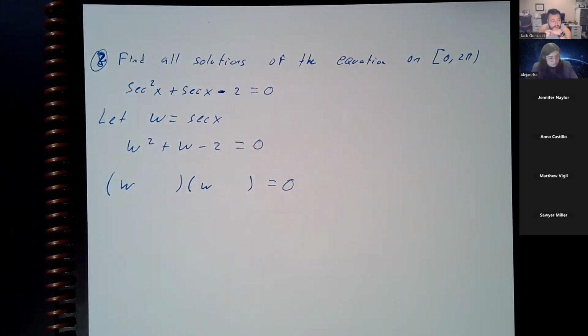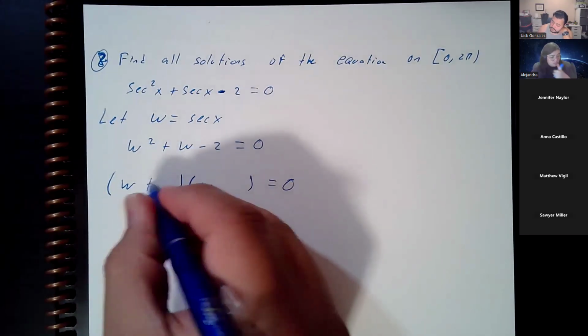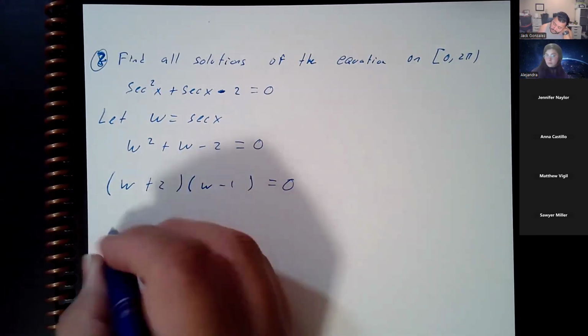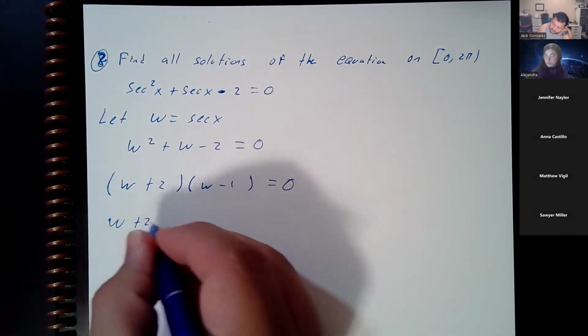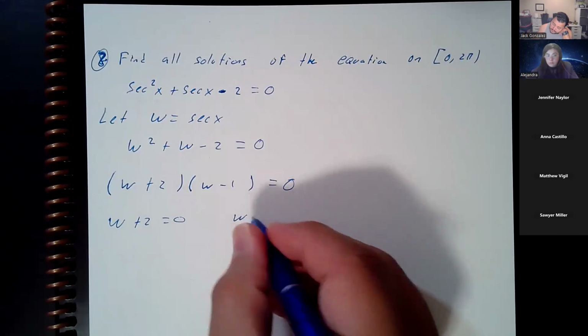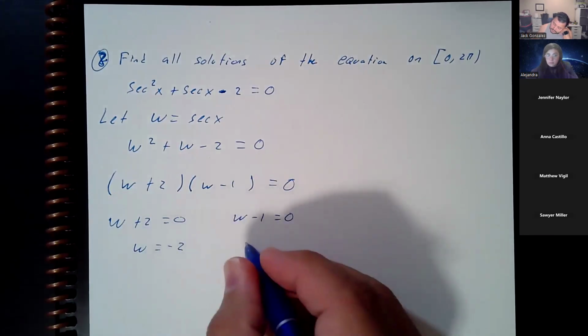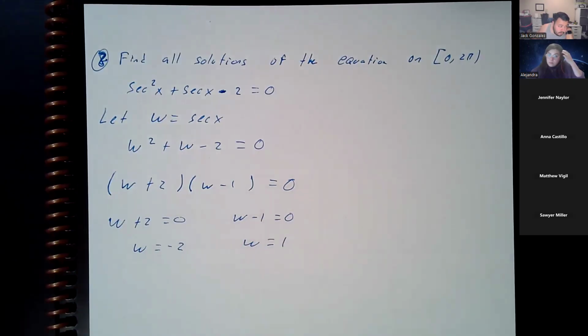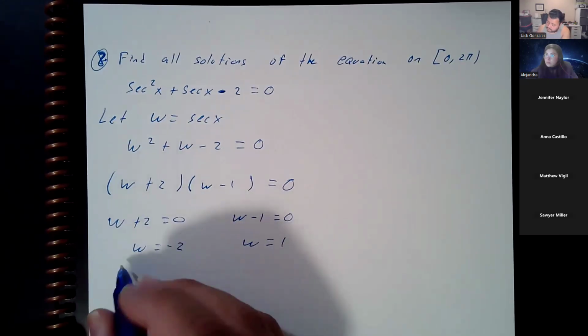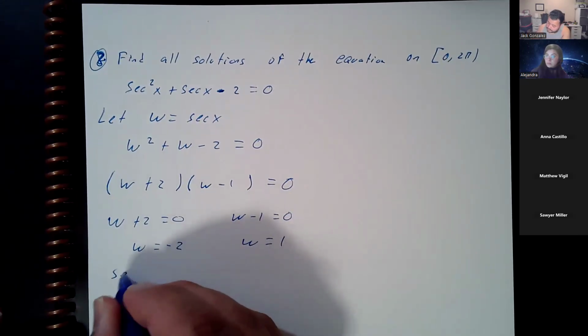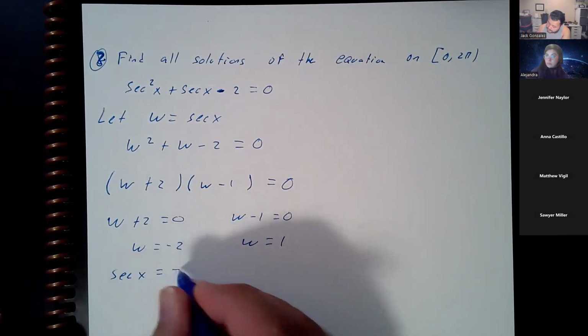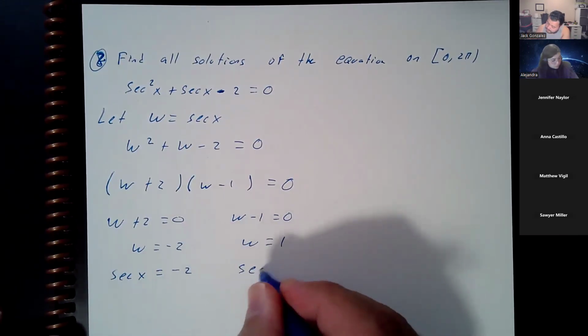Plus 2 and minus 1. So that means that W plus 2 is equal to 0 and W minus 1 is equal to 0. W equals negative 2. W equals 1. W was made up, so let's go back to secant. We're solving for x, not W.